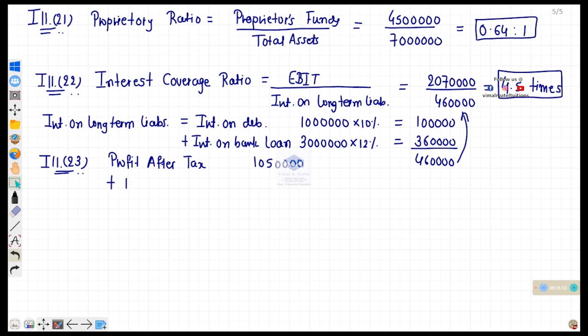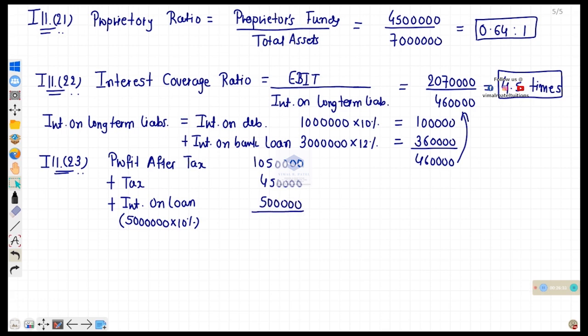So you have to add back tax, which is 4,50,000, plus interest on loan, that is 10% of 50 lakhs.